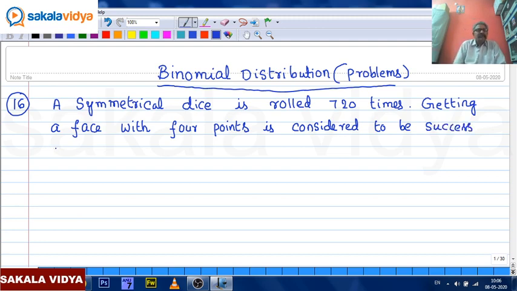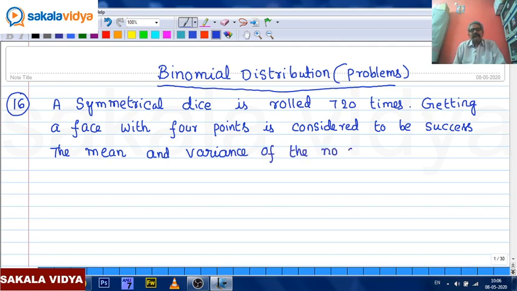The mean and variance of the number of successes. Here the number of successes follows the binomial distribution.